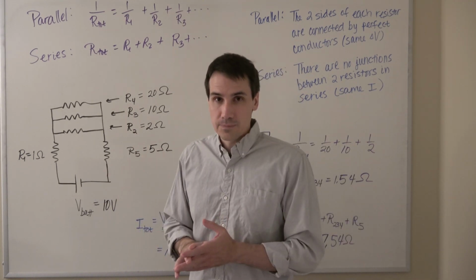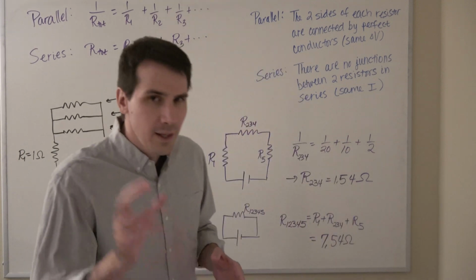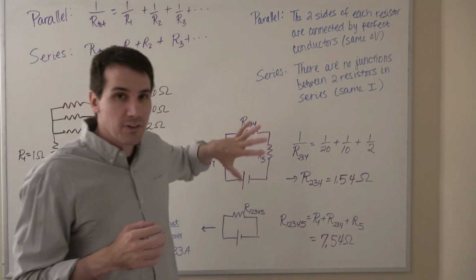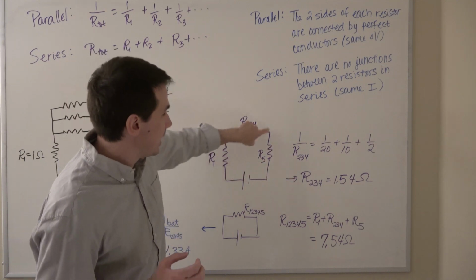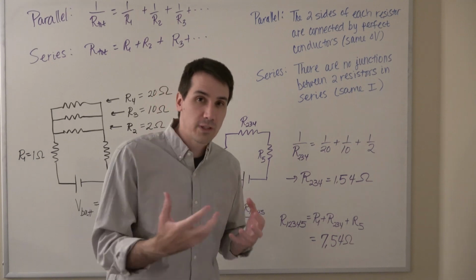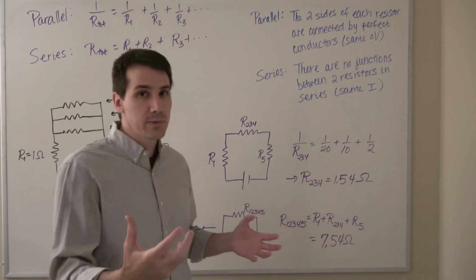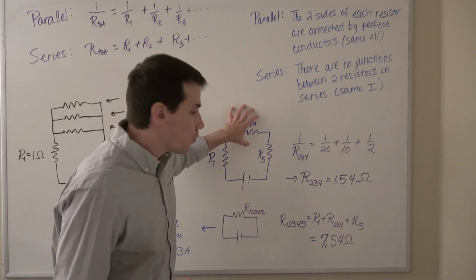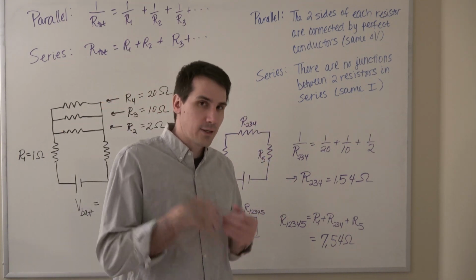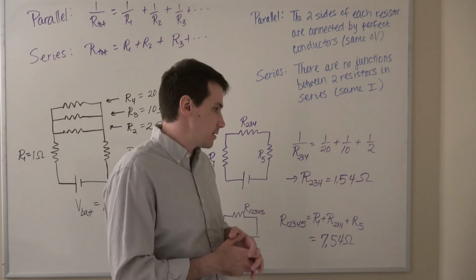Okay, now that we have that analysis, we can go back to our simplified circuit where we have taken our resistors 2, 3, and 4 and written their equivalent resistance. So we have replaced 3 resistors with effectively 1 in this diagram, and by doing so we have simplified the circuit and gotten closer to an equivalent resistance.